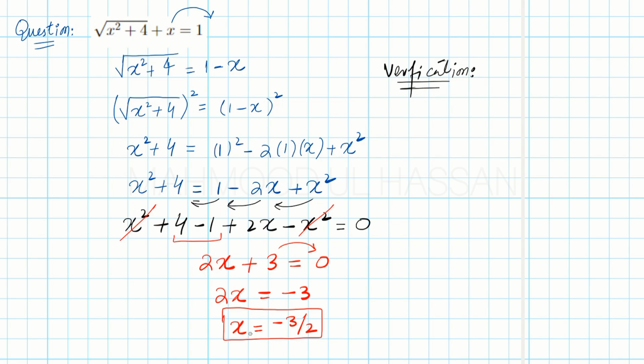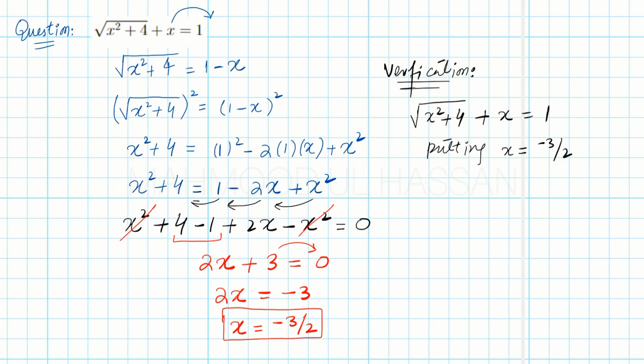So we will put this value of x into the given radical equation. That is, our radical equation is square root of x squared plus 4 plus x is equal to 1. So now here putting x is equal to negative 3 upon 2.